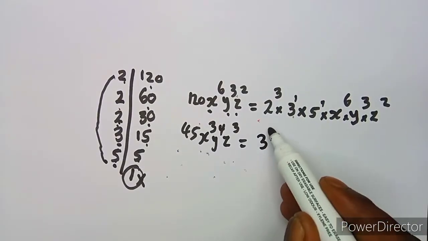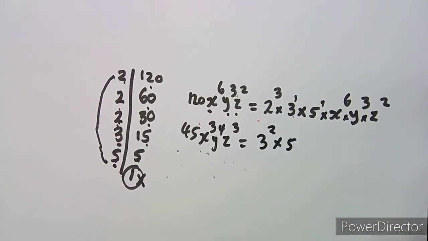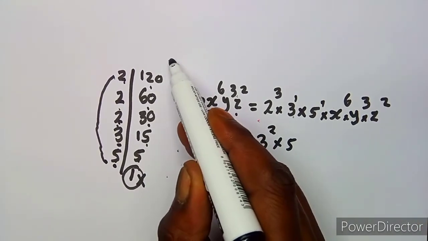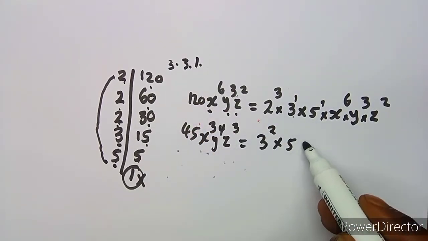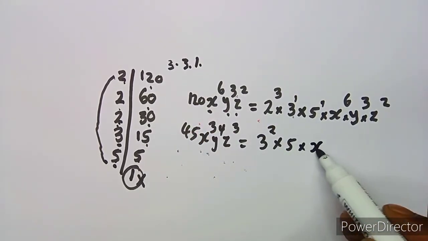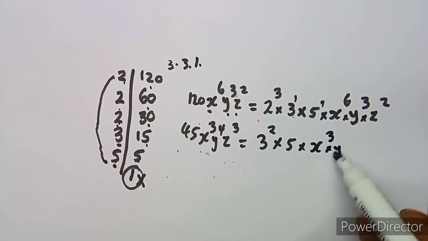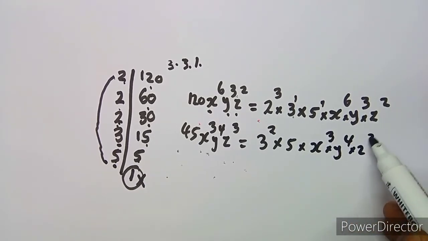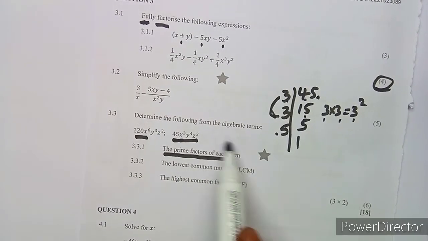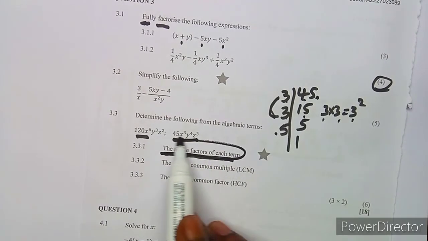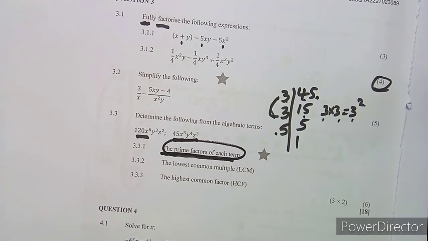The rest you just write as it is: x to the exponent of 3, y to the exponent of 4, z to the exponent of 3. All right, so that is how to write each term as a product of prime factors. That is what you need there.